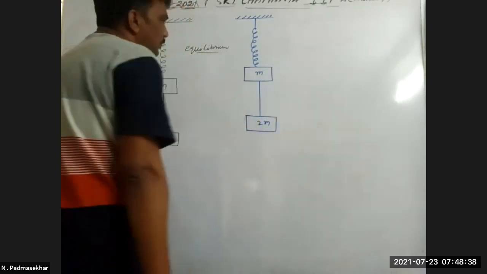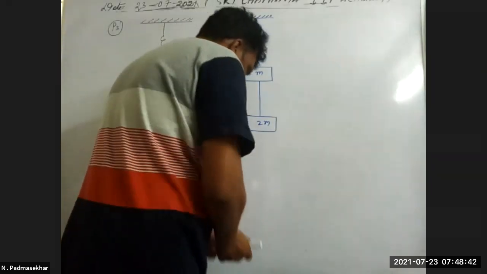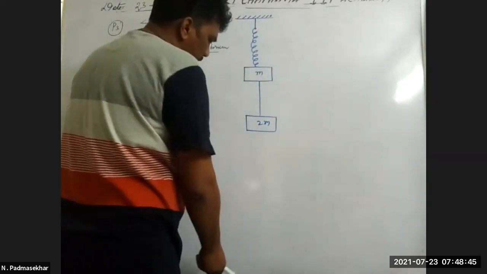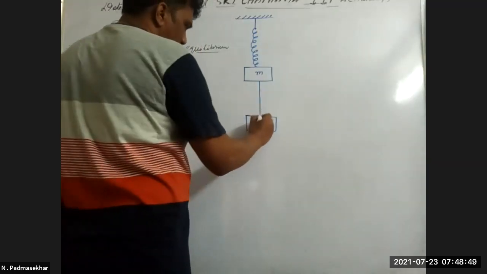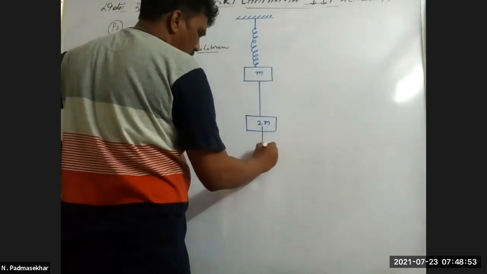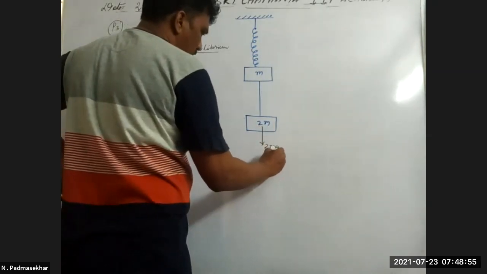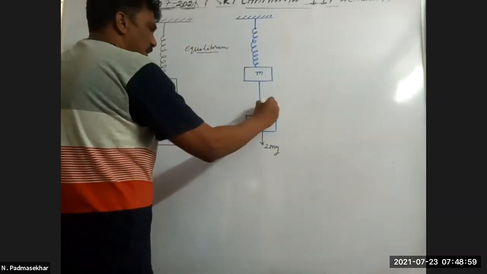This is 2m. So equilibrium means what are the forces acting? See, first look here. So this is an equilibrium. The weight is acting downwards, 2mg. And here there is a tension.